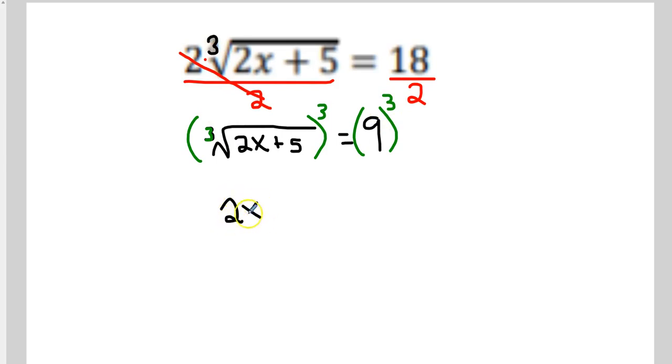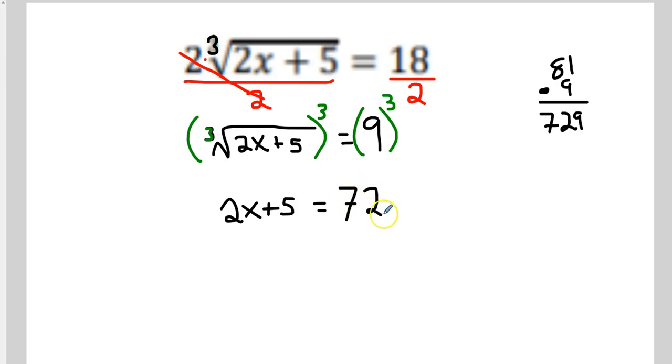We're going to be left with 2x plus 5 is equal to, and we have 9 to the third power. It's going to be our 9 times 9 times 9. So our 9 times 9 gives us 81. If we multiply that by 9 again, we'll get 729. But always feel free, use a calculator if you have one available to you.